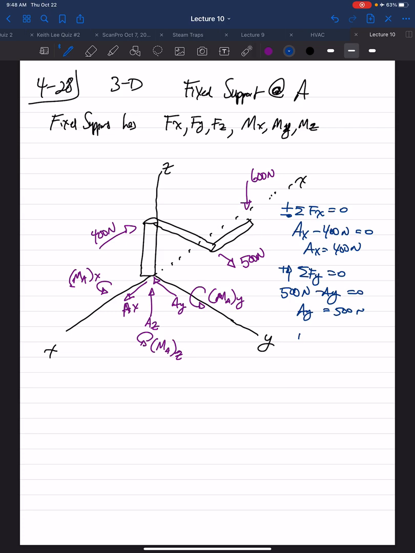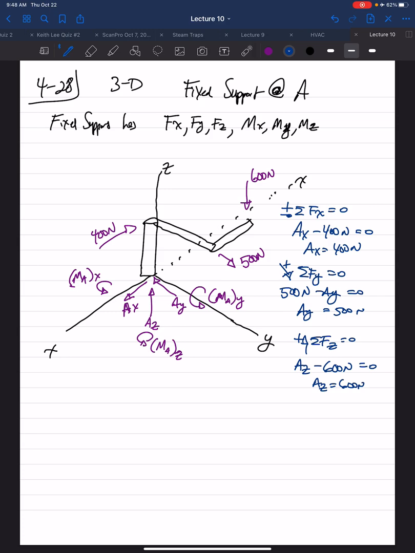So for your Z, sum of forces in your Z direction, set that equal to 0. You have your AZ minus your 600 Newton force equals 0. AZ is 600 newtons. So we have eliminated 3 unknowns right there.